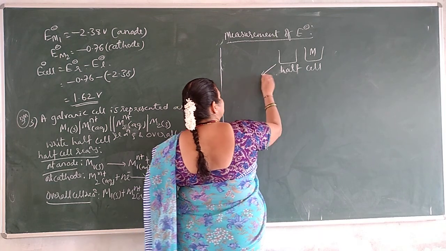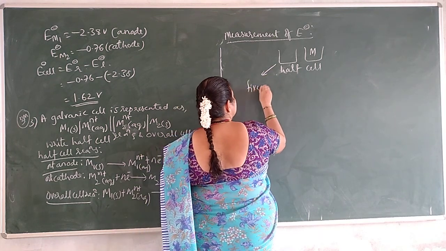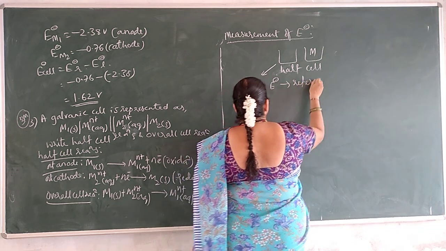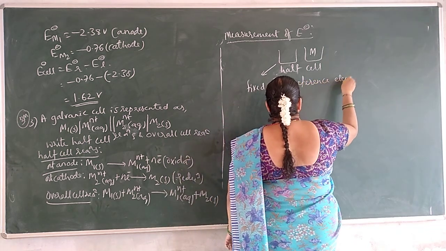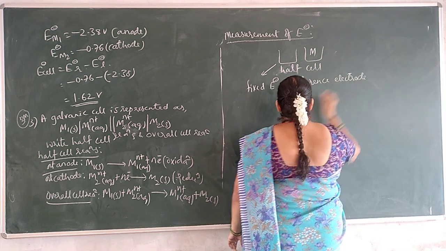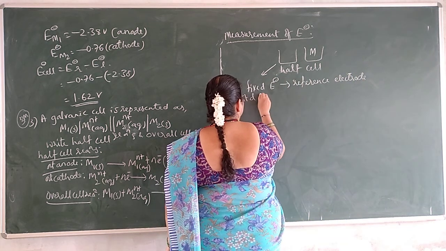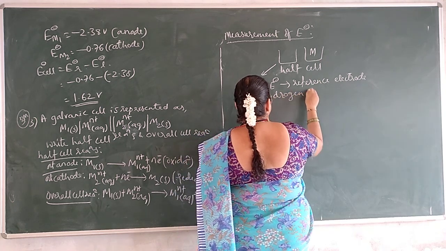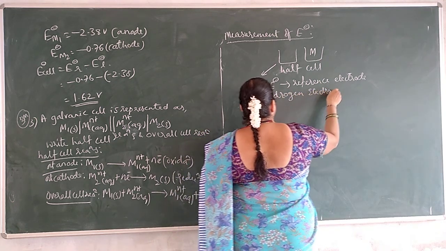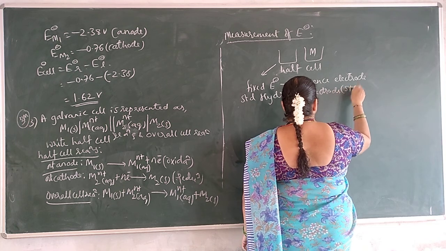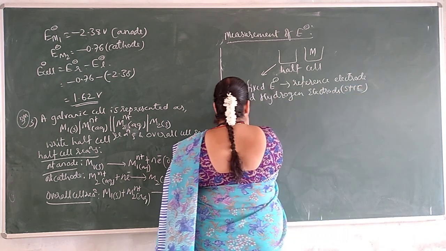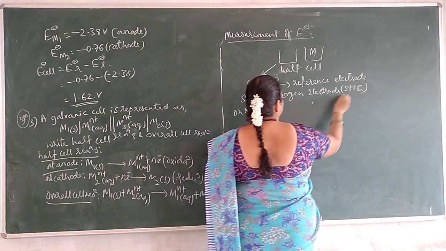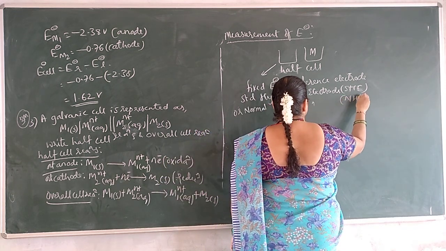This half cell with a fixed electrode potential is called the reference electrode, and generally we select the standard hydrogen electrode, that is SHE, also called the normal hydrogen electrode, NHE.